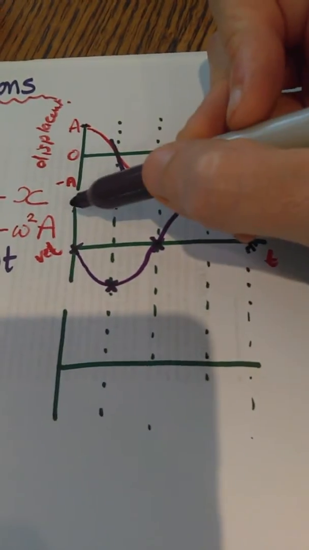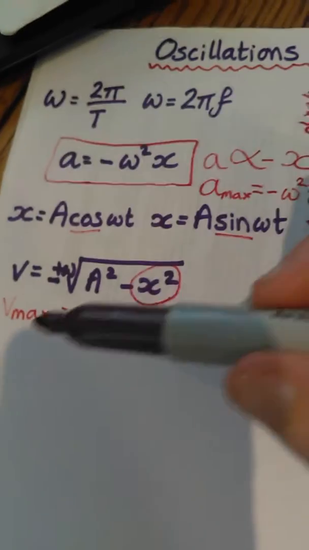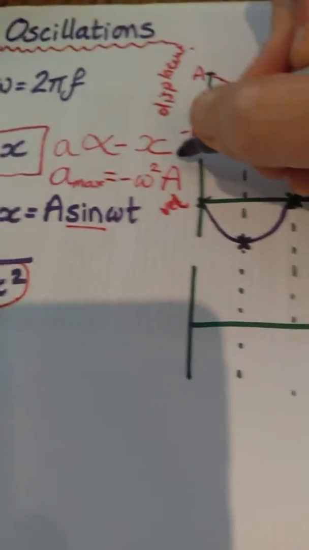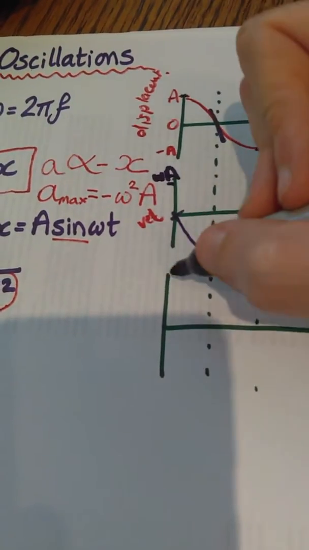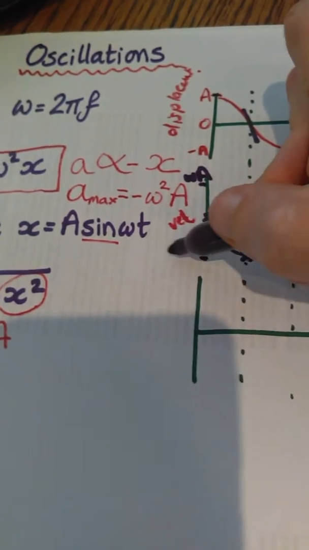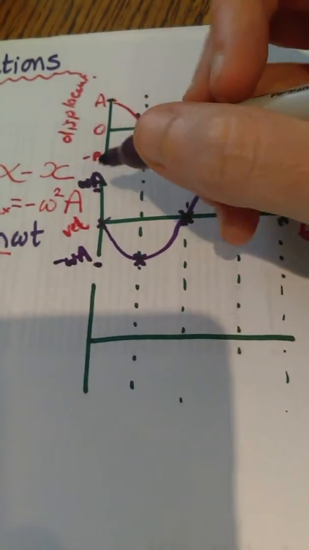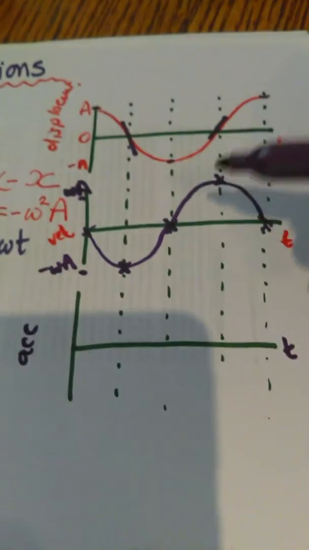Now, if I wanted to label the axes, well, my maximum velocity, I've worked out down here, is omega A. So I can put omega A as my maximum velocity, and obviously down here that would be minus omega A as my minimum velocity. Okay, so this one here is my velocity time graph. Let's make this last one an acceleration time graph.